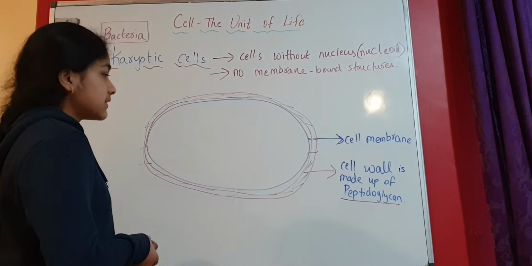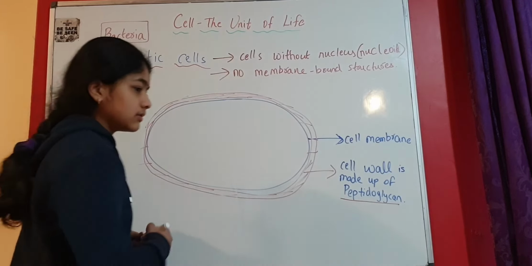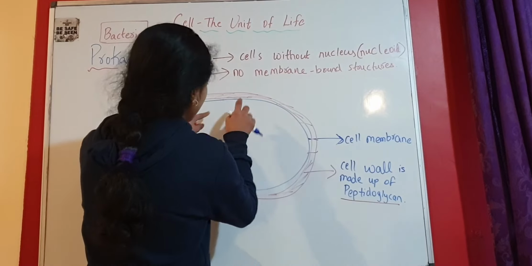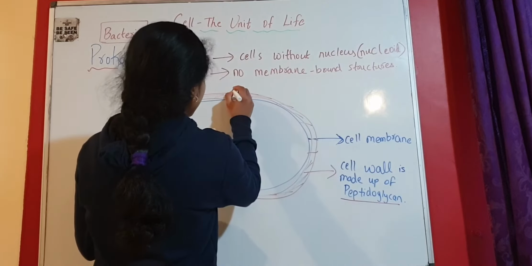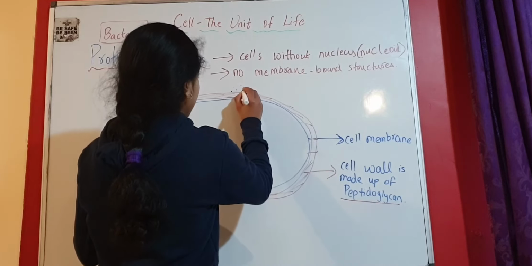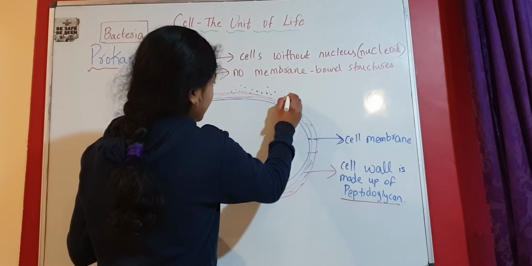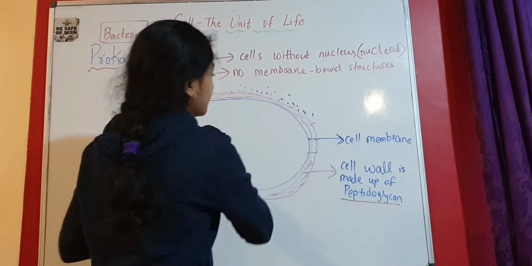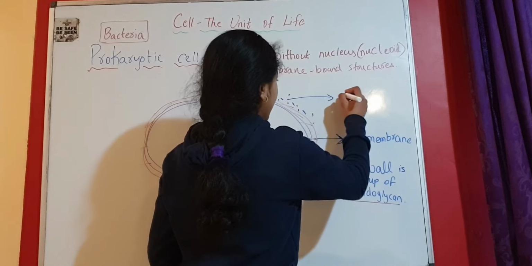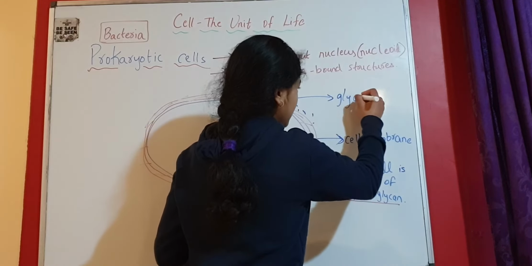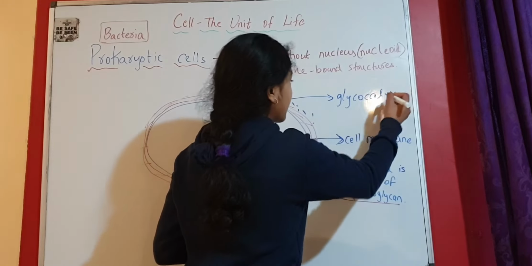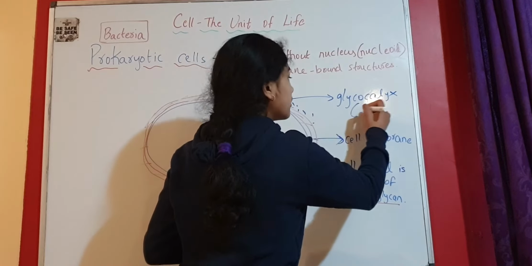Around this cell wall, there is a layer. So we can draw just here. There is some slimy layer, like a sticky layer, sticky fluid we can say, and this is called glycocalyx.